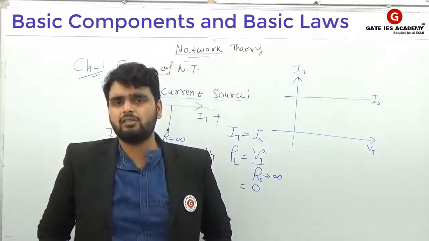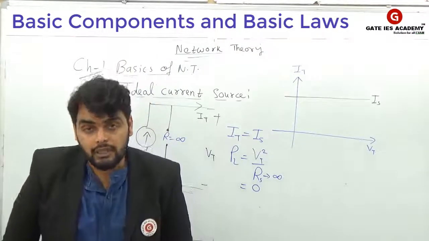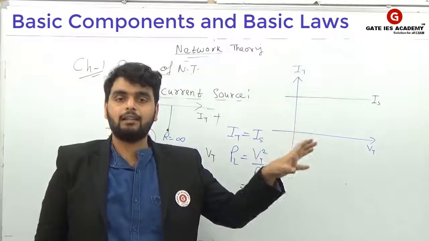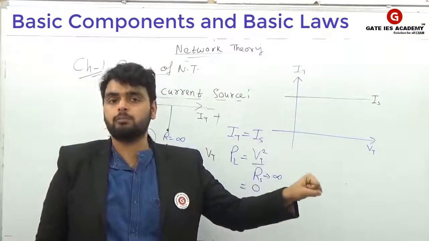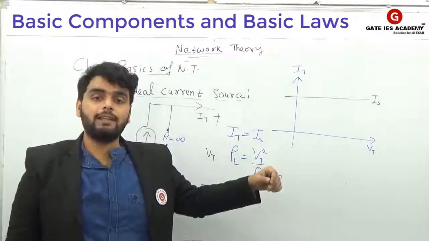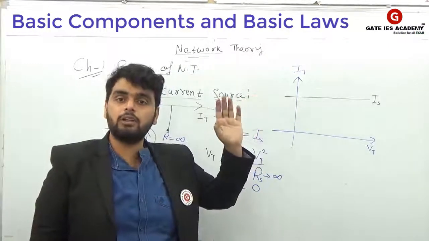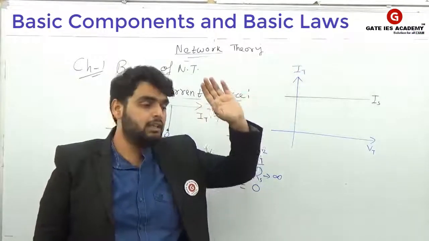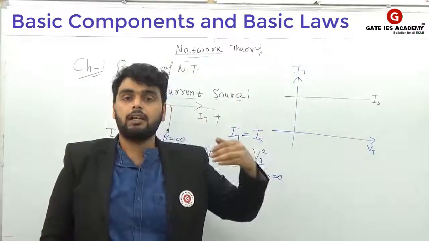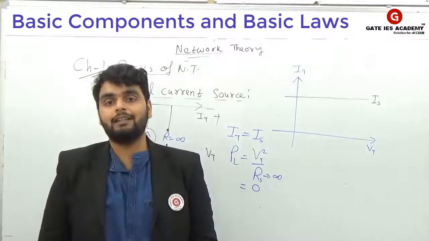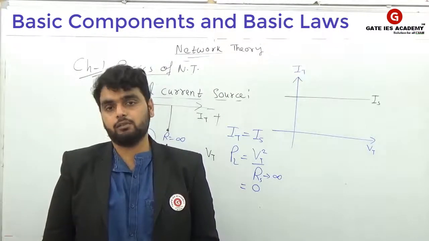So is there any source present? Yes, we can say the sun. The sun is acting like an ideal source because it is providing energy for an infinite amount of time, billions of years ago, and for the next billions of years it will provide energy. So it is more close to the ideal source as compared to any other source.